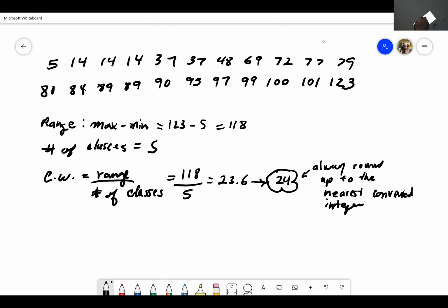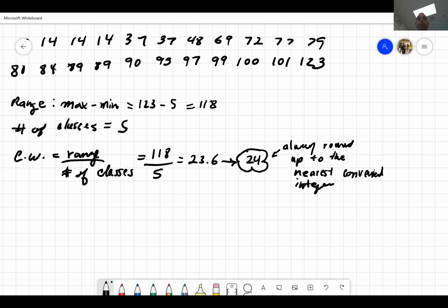Even if we would have gotten 23 exactly, we would go up to 24. That's the agreement we made in this class. Don't forget that. Some of you may have come into the class a little bit late and weren't part of this original lecture. You can go back to those lectures where I'm going over how to do this.